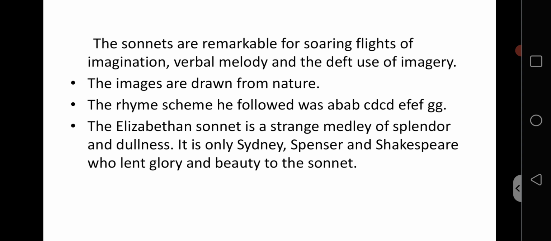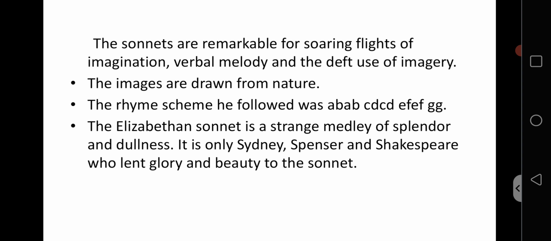Imagery means pratime. Deft means churukada. So in his sonnets we see the flights of imagination, kalpanikate. They are very melodious in nature, and the writer has used a lot of imagery very artistically. The images, pratime, are drawn from nature, nisarga.